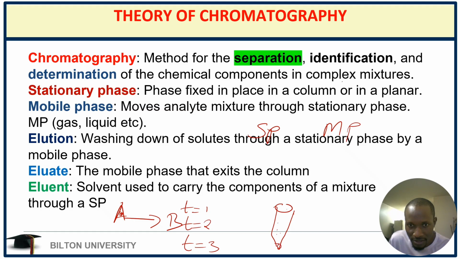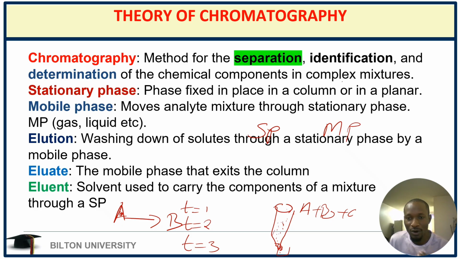Let's say the red one is the stationary phase, let's say silica, and then we introduce inside the mobile phase, and introduce our mixture A plus B plus C inside here. Then they are going to be washed down through elution, and when they reach here, we are going to collect the solvent that comes out of the column, which is what we call the eluate.